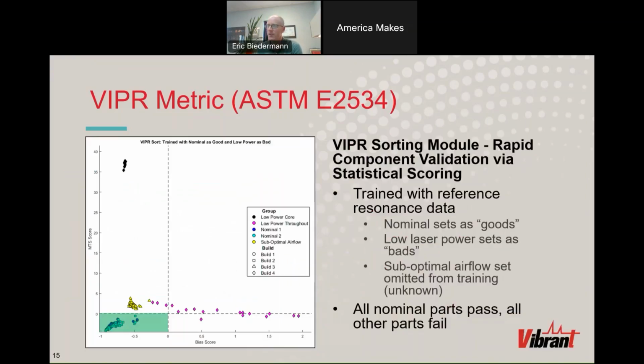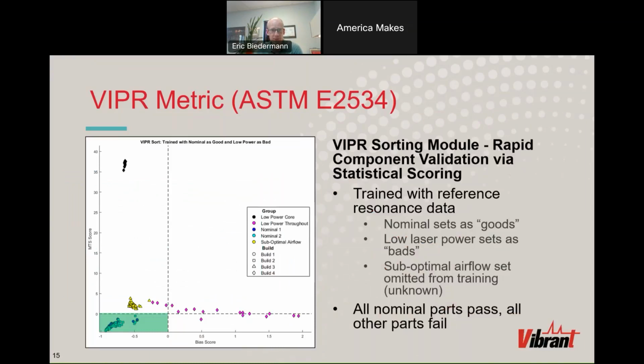For another example of parts that were wholly built with additive manufacturing, these were some AlSi10Mg components, and they were made with a variety of process parameters. We had two nominal populations, so two separate builds. So we captured some build-to-build variation in our nominal set. And then there was a set that was built with low laser power throughout the entire component, so bulk material property change.